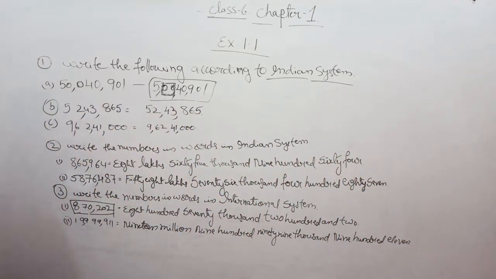Like this. Now we have to go for question number 4, that is write the numbers in figures. Now we have written in the words, but now the question is given in words.